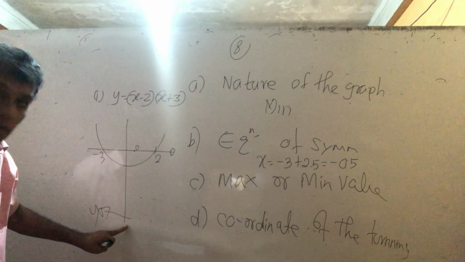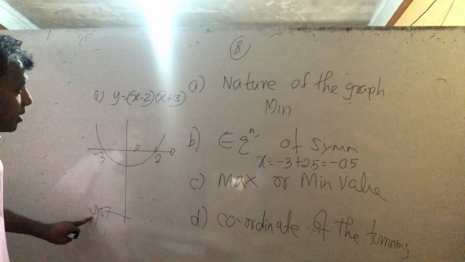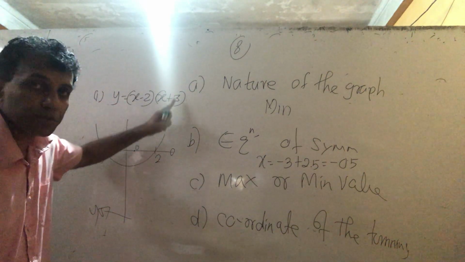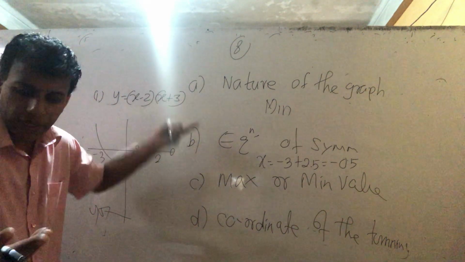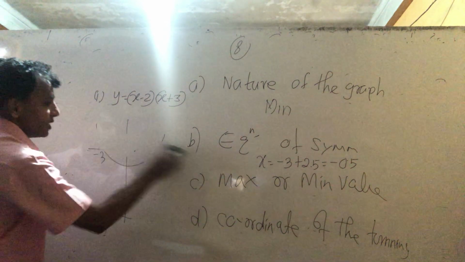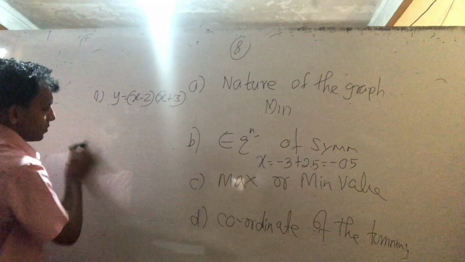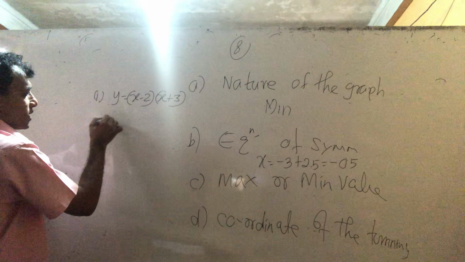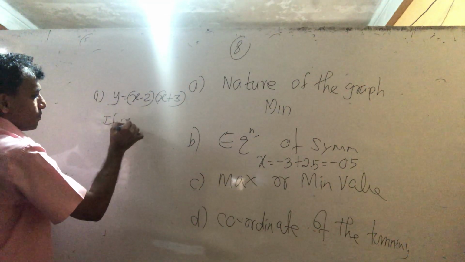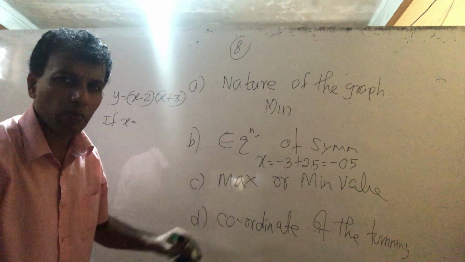So you know x is minus half. What is y? We find it. For that, substitute here and get the answer. x equals minus half, you can say decimal, or better, fraction.